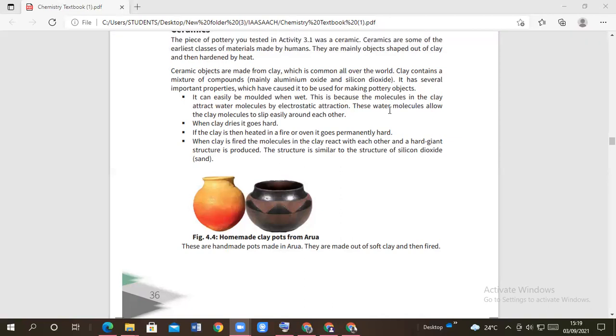So these water molecules allow the clay molecules to slip around each other. But if you get cement or concrete, for you to put it together, you need a certain container, which is very hard to make.